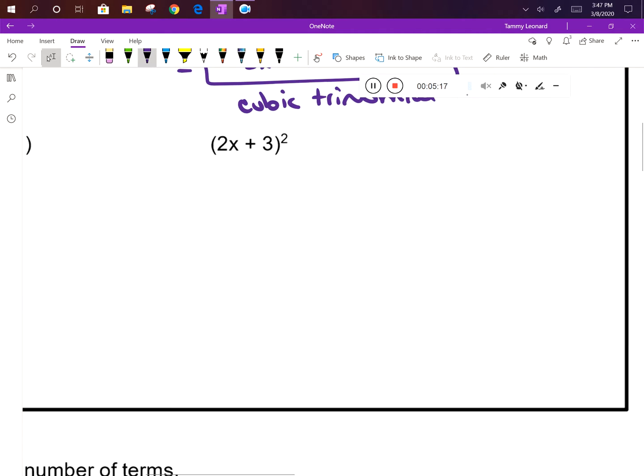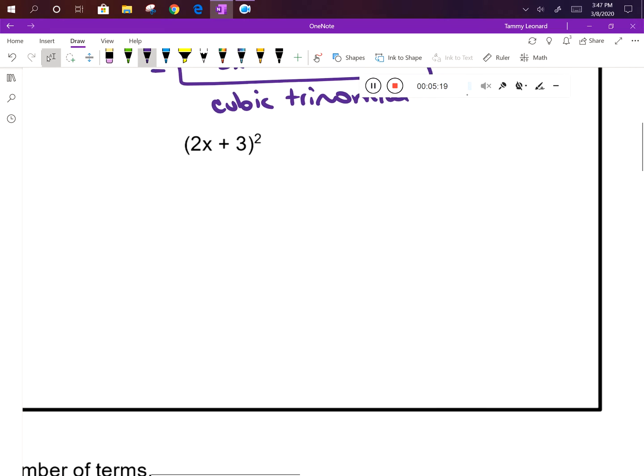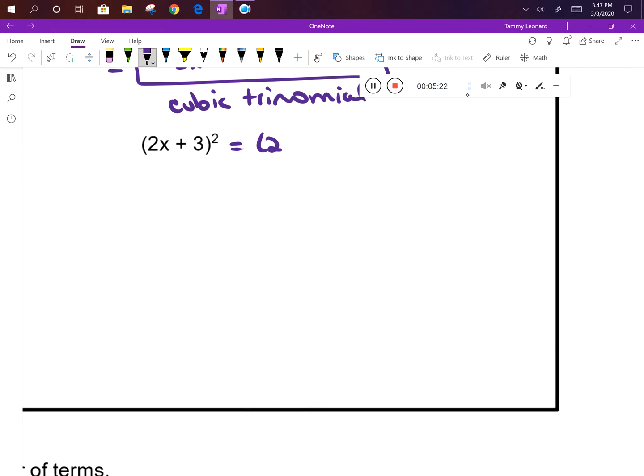Now, don't get tricked by this one. Please remember, squaring something means to multiply it by itself. There is no such thing as a distribution property for exponents, so that is not what we're being asked to do here. We're being asked to take 2x plus 3 and multiply it by another 2x plus 3. And notice that looks a lot like the problem we just did on the left.